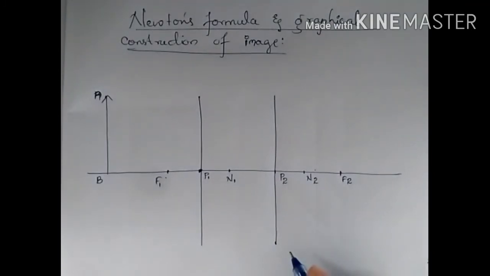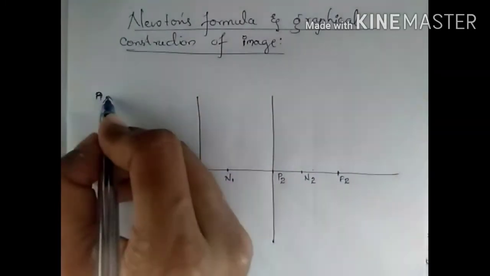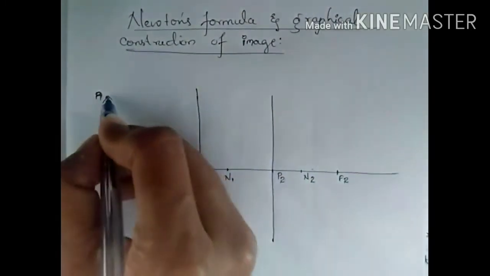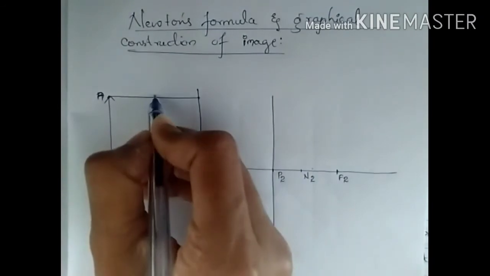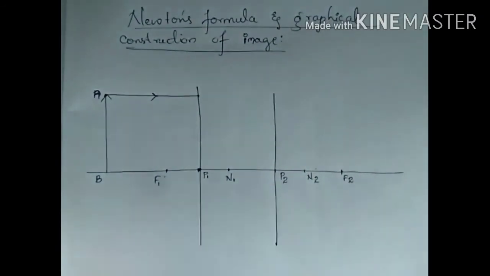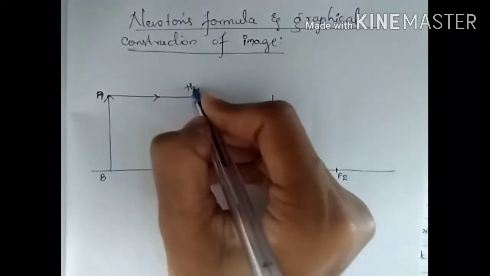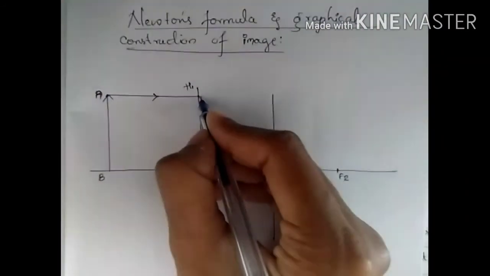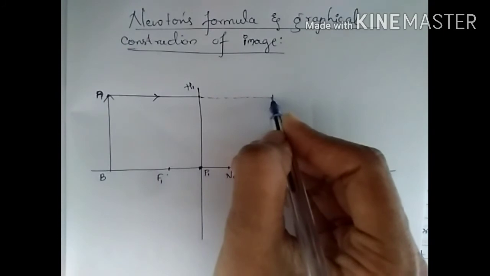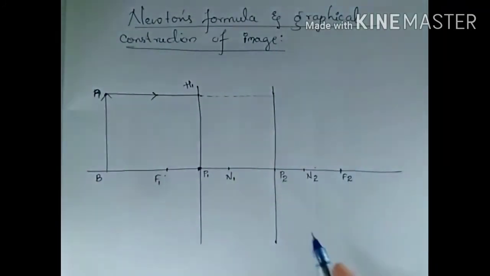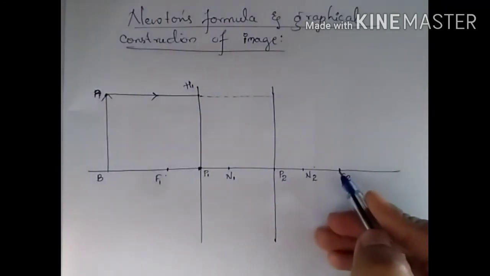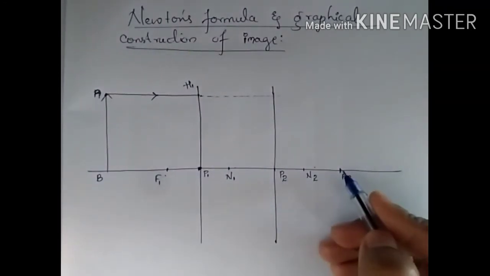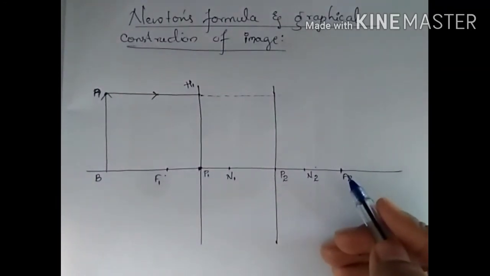Now let me draw the ray AH1. So this ray is parallel to the principal axis, and this crosses the first principal plane at H1. Now this ray will obviously emerge out from the second principal plane, and pass through the F2 focal point.